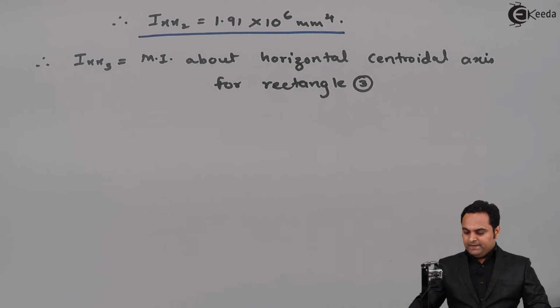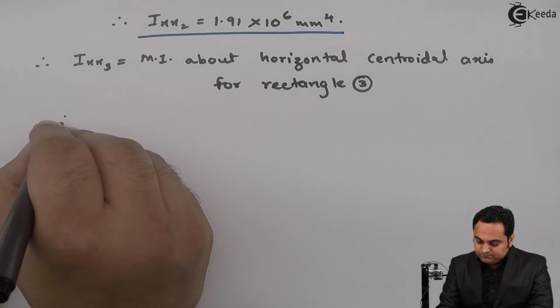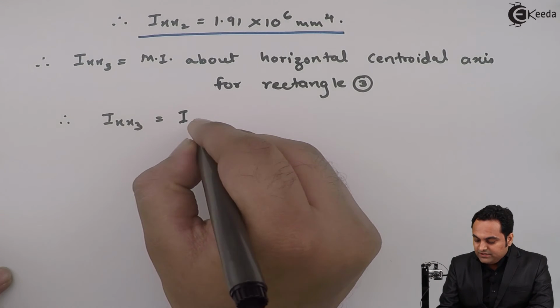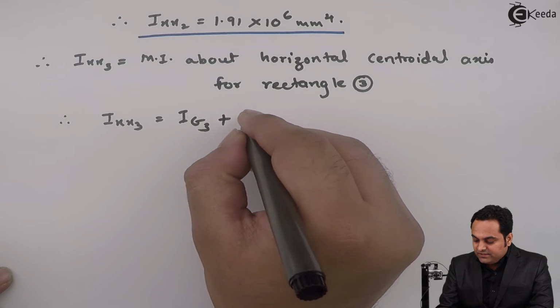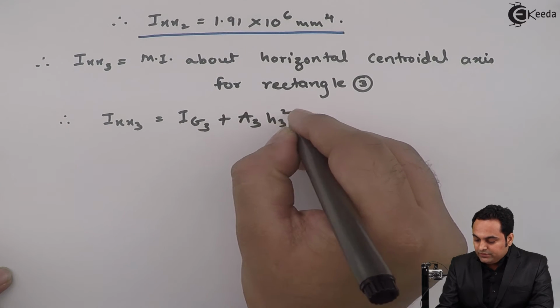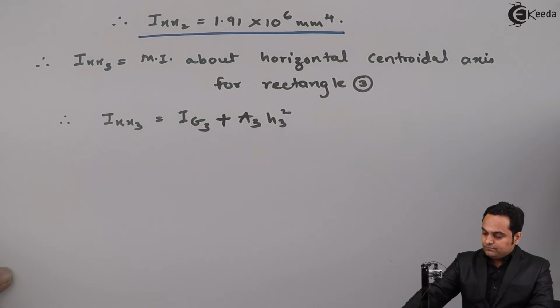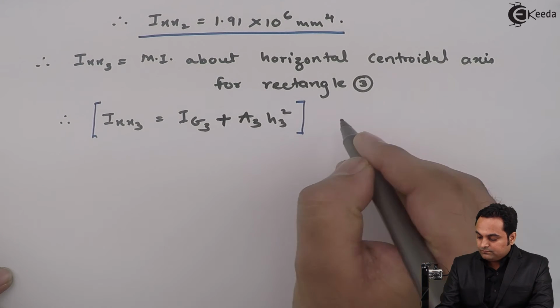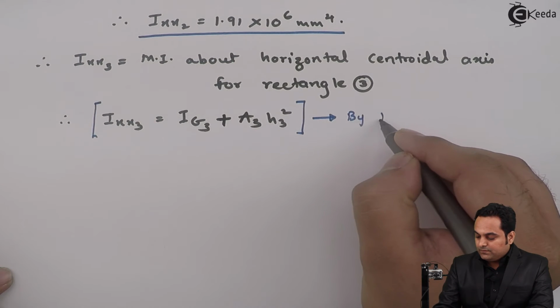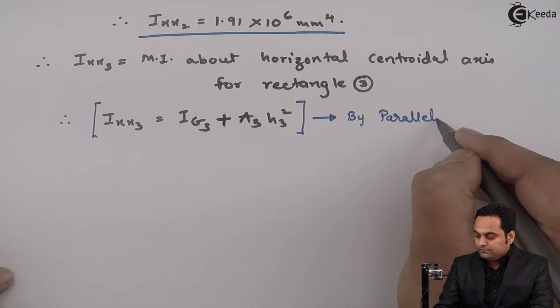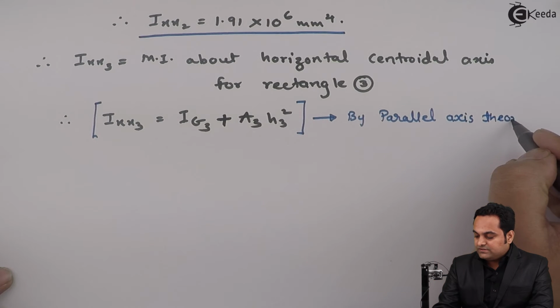So now Ix3 will be Ig3 plus area 3 into H3 square. This is by the parallel axis theorem.